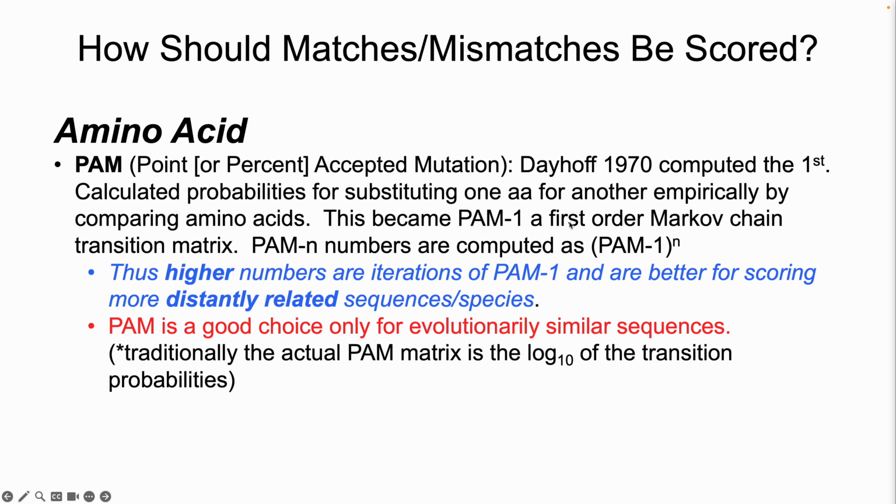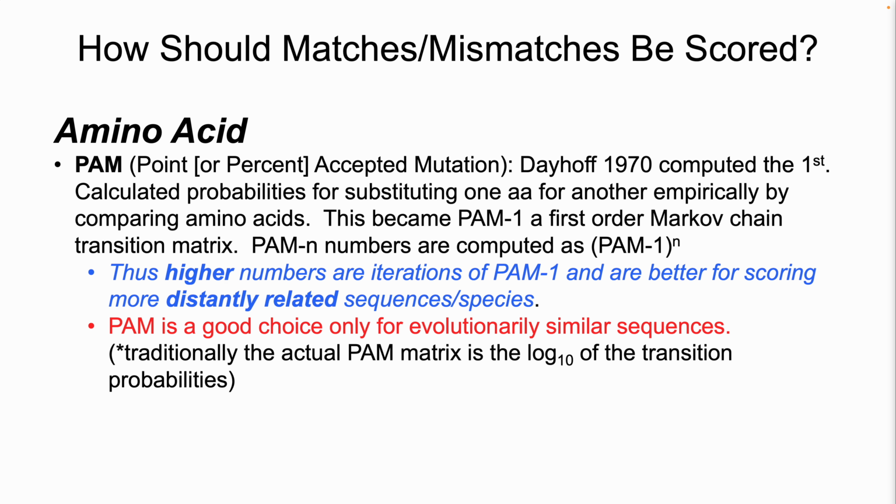So PAM1 is like the actual numbers of times, and then to get things, this is back to the question of human versus chimp, human versus zebrafish versus Arabidopsis, fly, whatever. The farther away you go, the higher the PAM matrix you might want to use. Because this is being raised to some exponent, which means it's essentially flattening the distribution of scores.